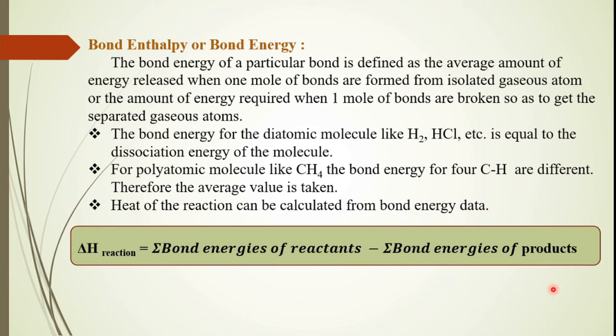The next is bond enthalpy or bond energy. The bond energy of a particular bond is defined as the average amount of energy released when 1 mole of bonds are formed from isolated gaseous atoms, or the amount of energy required when 1 mole of bonds are broken so as to get the separated gaseous atoms.